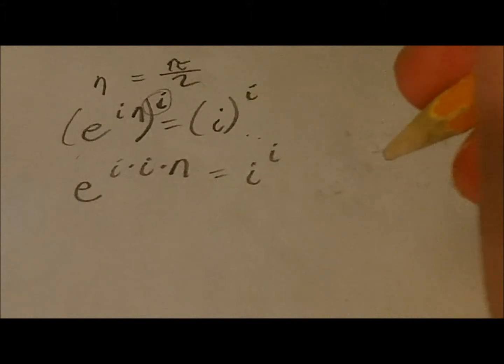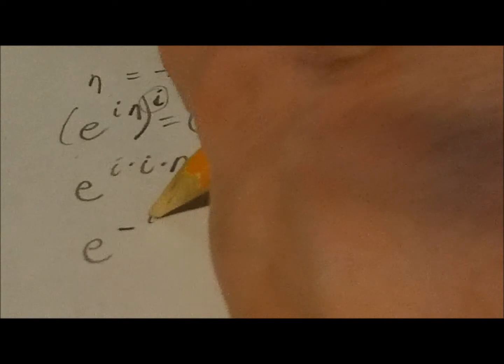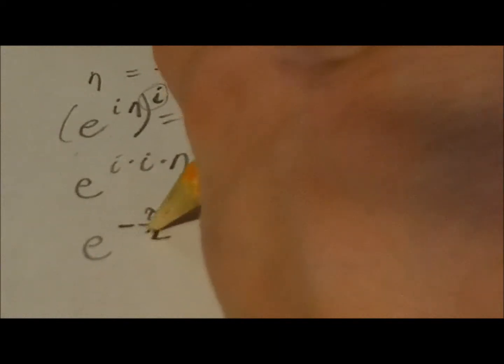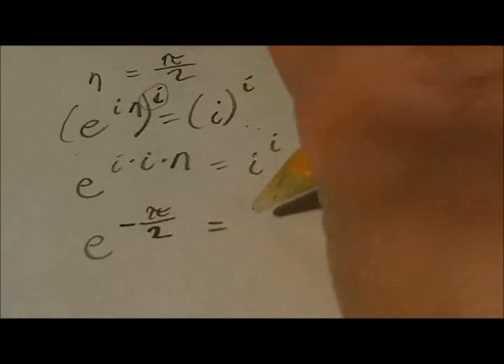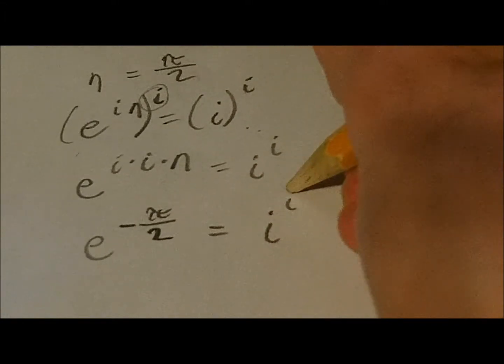Now this is where it gets very, very interesting. We can say e, and we know that i times i, or i squared, is -1. That's how it's defined. So we get negative eta, and I'm going to write that as pi over 2, because we know eta is equal to pi over 2. So I'm just going to write that in a more familiar way, is equal to i to the i.